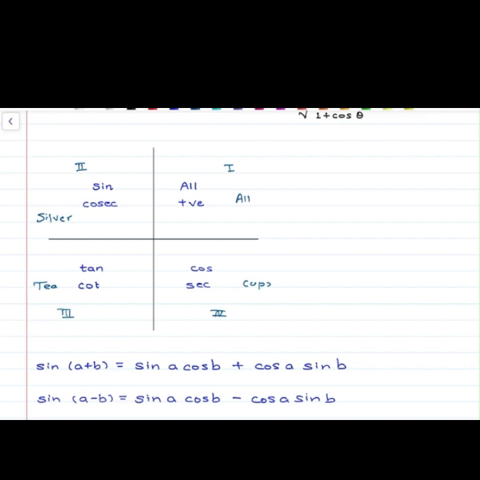So pi by 2 is like 90 degree, right? So pi by 2 plus theta will fall somewhere here, right? So in this quadrant, only sine and cosec are positive, right? So if you have cos, it should be negative, right? So if you remember this, then you can solve that kind of sum very easily.